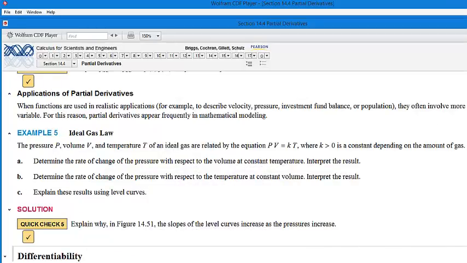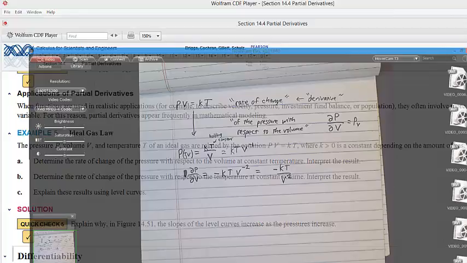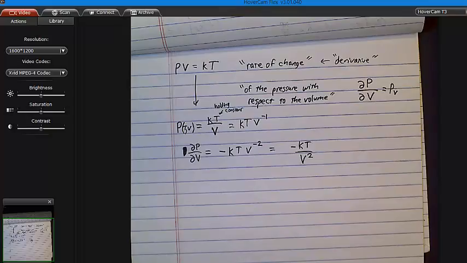Explain these results using level curves. What are level curves again? Oh yeah, level curves are where you pick a value for z and then you look at what the function set equal to that value looks like. So what I'm doing here is I want to talk about pressure.